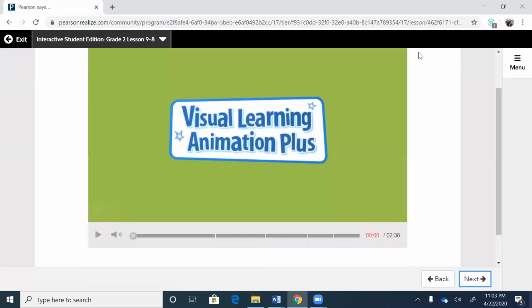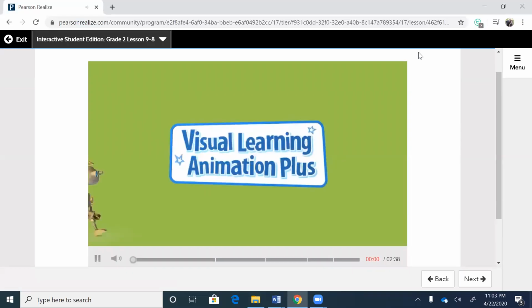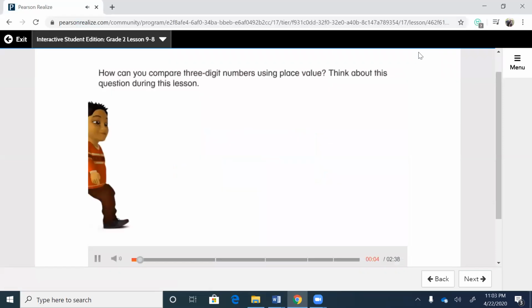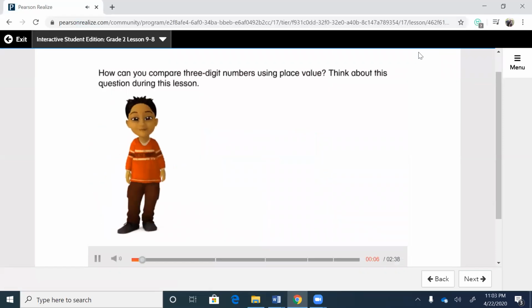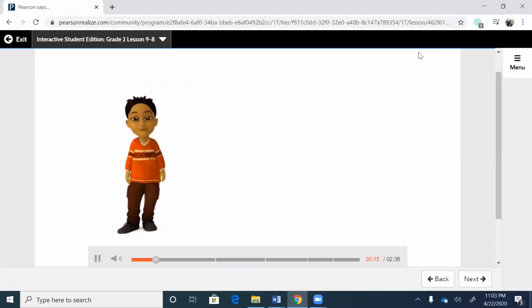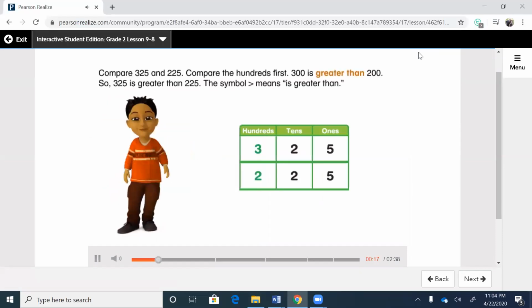On to our visual learning here. There's our robot. So we're going to be comparing two numbers.